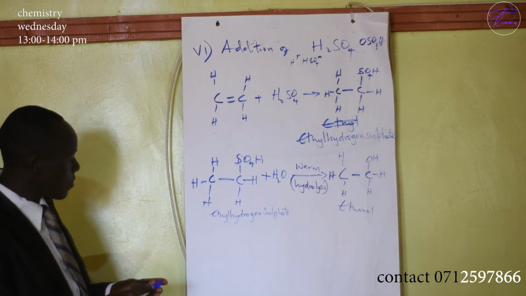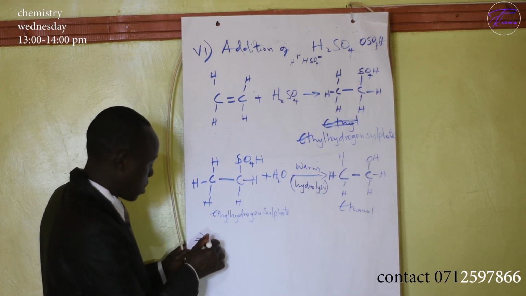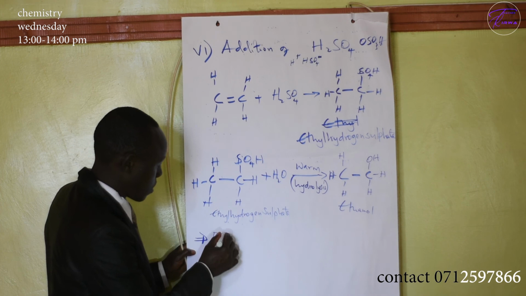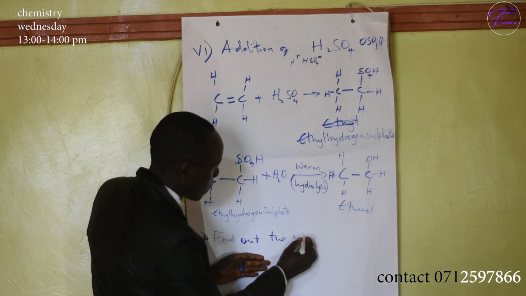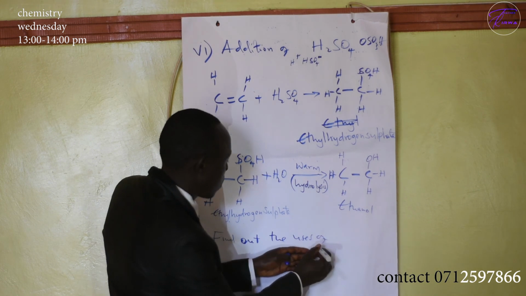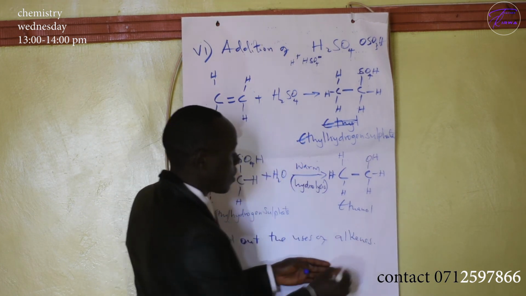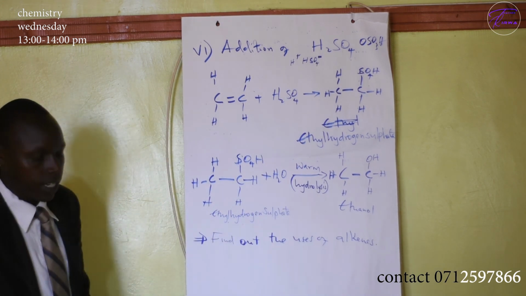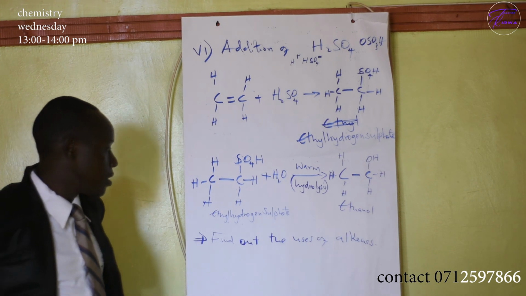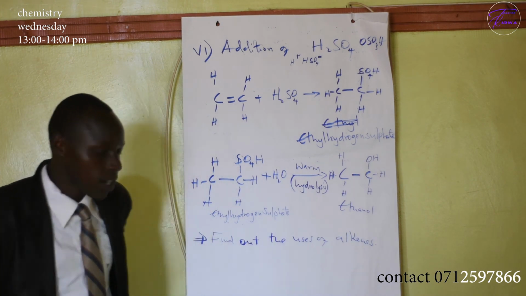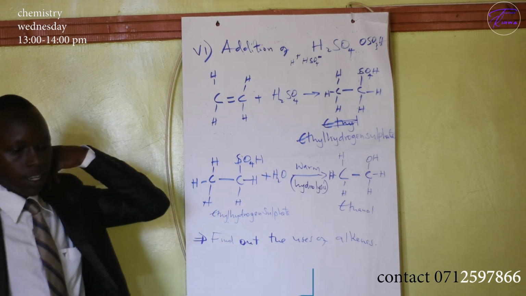Okay, so maybe for your part you can find out the uses of alkenes. We had mentioned some of them when we began to look at this particular topic, the organic chemistry part.